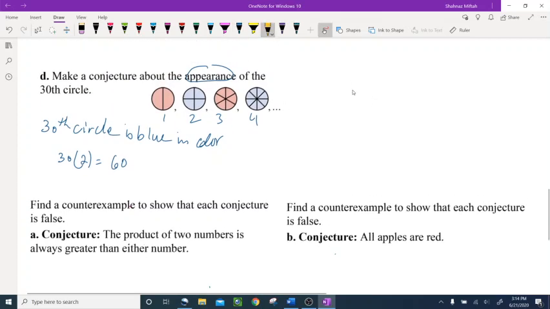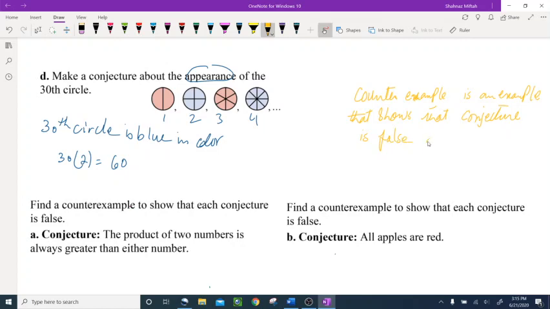Now, a counterexample is an example that shows that a conjecture is false or incorrect. I'm going to write the definition here. Counterexample, like opposite, what we say.